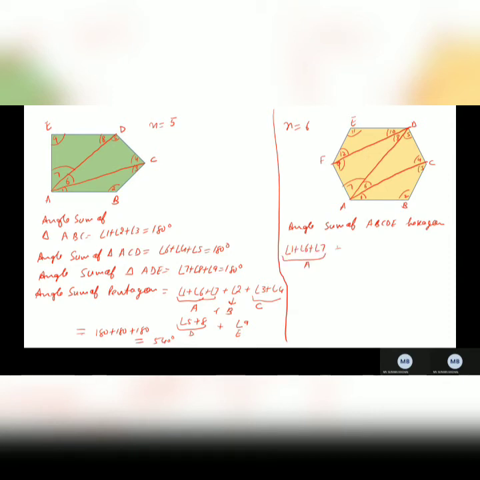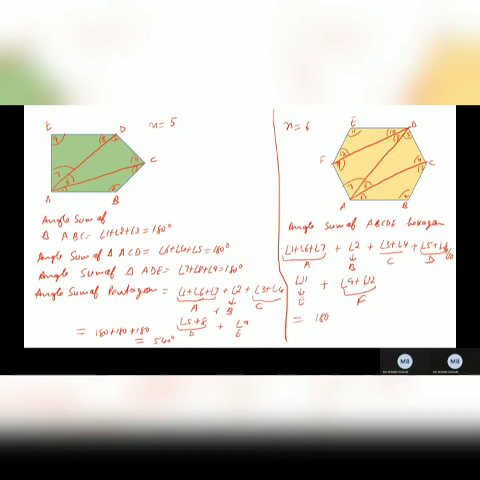This is angle A, and angle 2 is angle B. Then angle 3 plus 4 is angle C. Then angle 5 plus 8 plus 10 is angle D. Then angle 11 is E, plus angle 9 plus 12 is angle F. And individually, angles 1, 2, 3 will give you 180 degrees, then 6, 4 and 5 will give you 180 degrees, 7, 8, 9 will give you 180 degrees, and 10, 11, 12 will also give you 180 degrees.